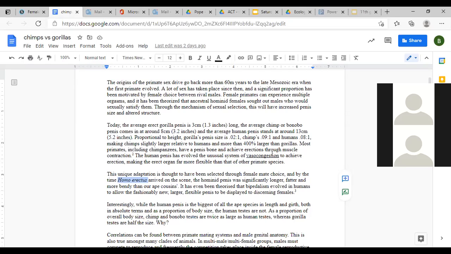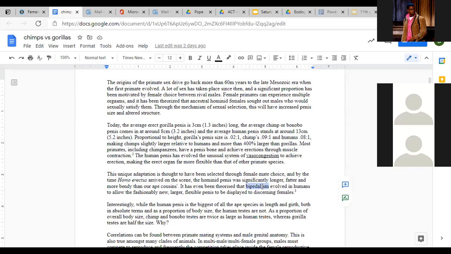Bipedalism. Where is it? You said which paragraph? It says it has been theorized that bipedalism. I think it's in the 3rd paragraph. Third paragraph, 3rd sentence. Try to give me which paragraph and sentence.